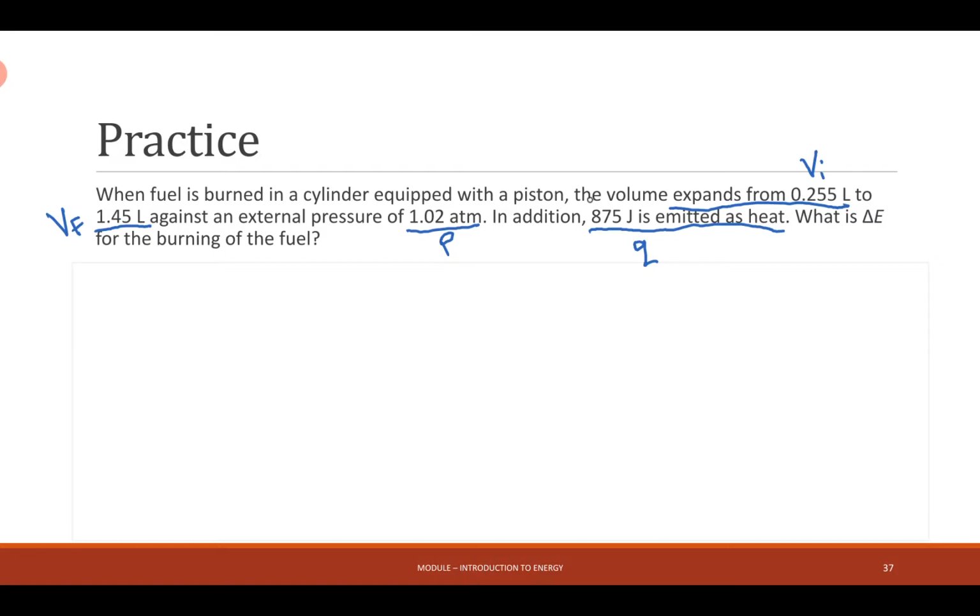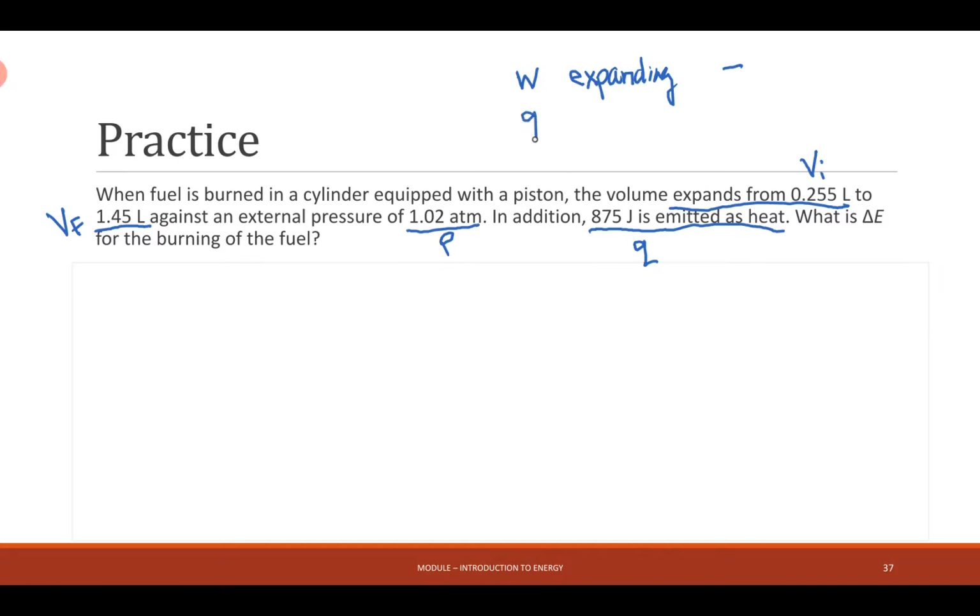All right, so before we begin, let's figure out our signs for things. So we know that for work, we are expanding. And so that means that our system is doing work, and so our work should be negative.